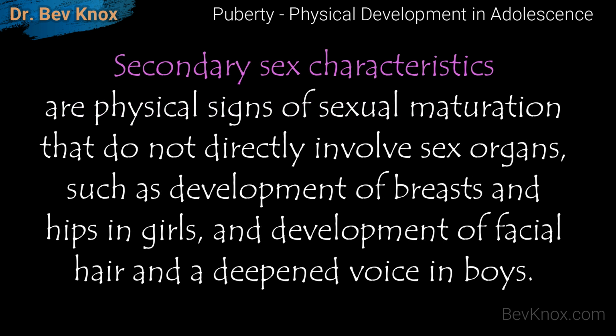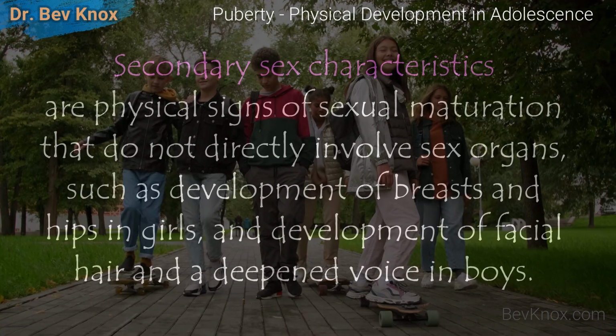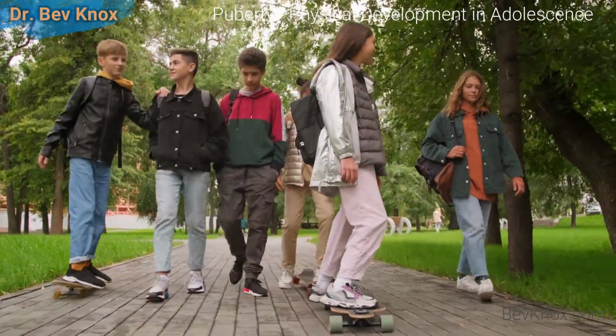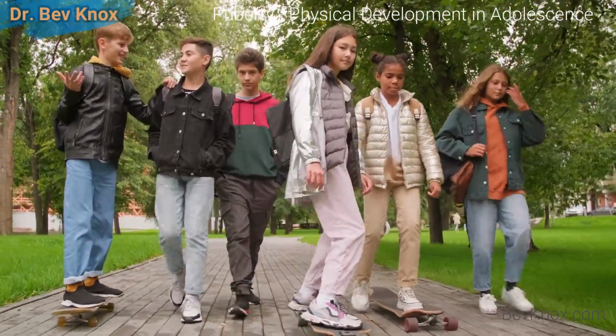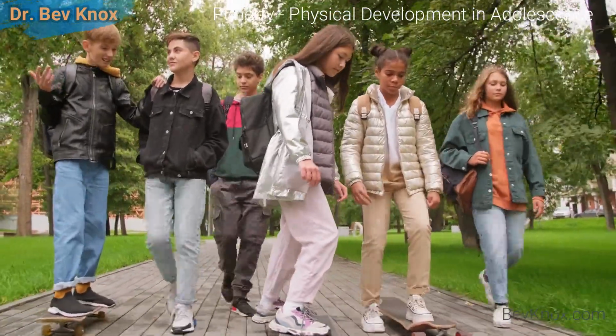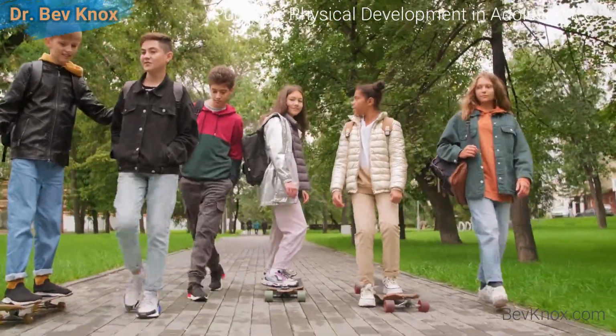Secondary sex characteristics are physical signs of sexual maturation that do not directly involve sex organs, such as development of breasts and hips in girls, and development of facial hair and the deepening voice in boys. Both sexes experience development of pubic and underarm hair, as well as increased development of sweat glands.